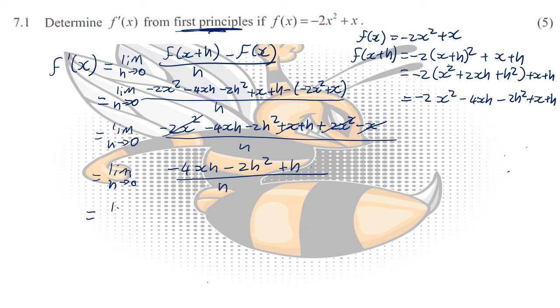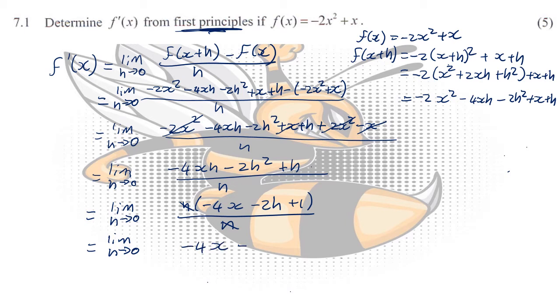From there, we can now try to factor out a common factor, which in this case would just be an h, so that the h in the denominator can be cancelled by the h we just took out as a common factor. So then the limit as h tends to 0 would be minus 4x minus 2h plus 1.